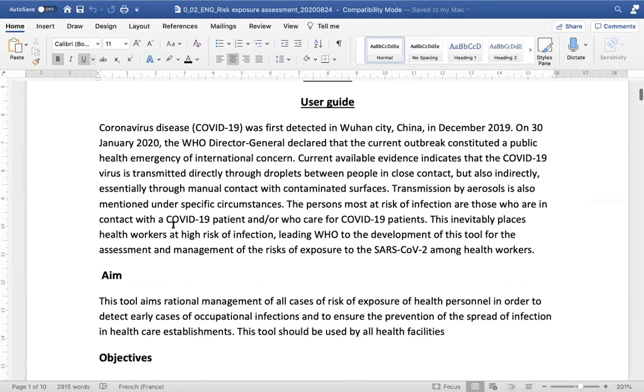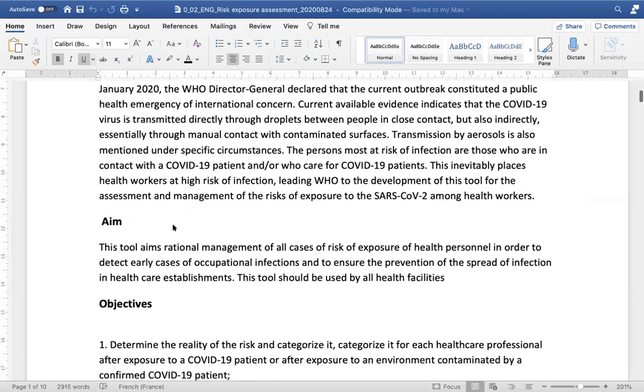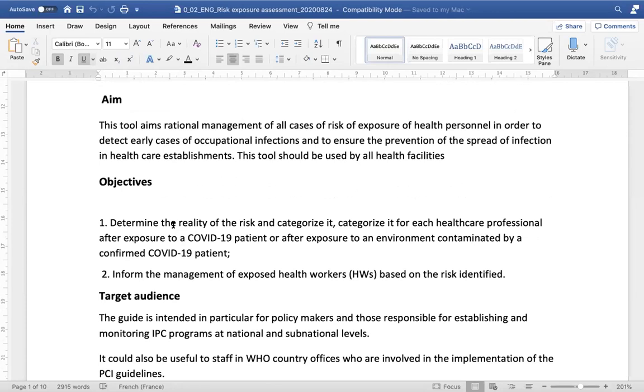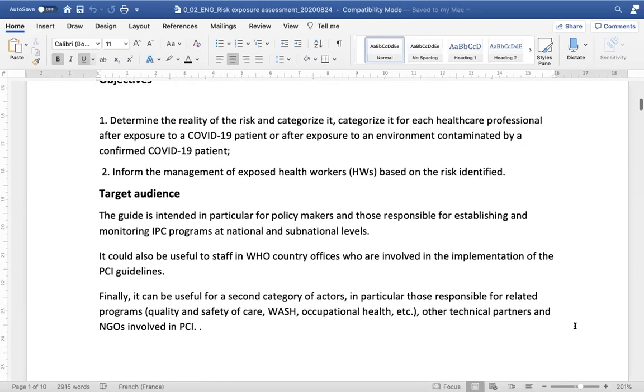Then it's used by health executives or referents, and it's used on a case-to-case basis. So the aim of the tool is to detect early infection, manage based on risk, and prevent spread of infection. While its main objectives are to determine the reality of risk and categorize it and inform on the management of the exposed healthcare worker, whether it's a high risk or a low risk healthcare worker. Scroll down, please.